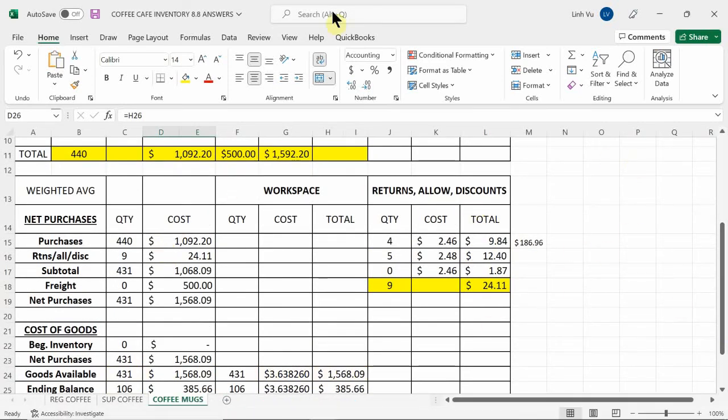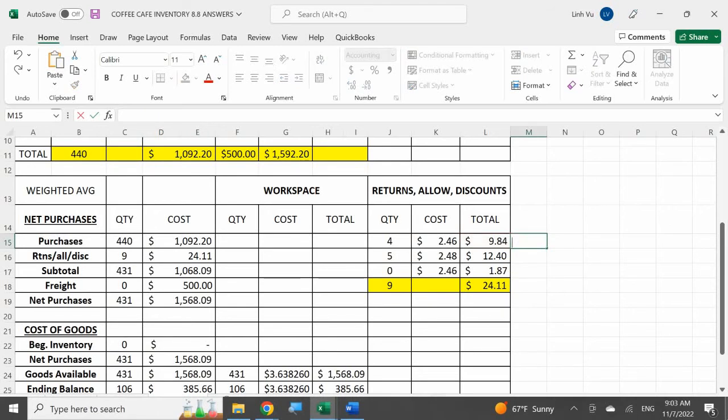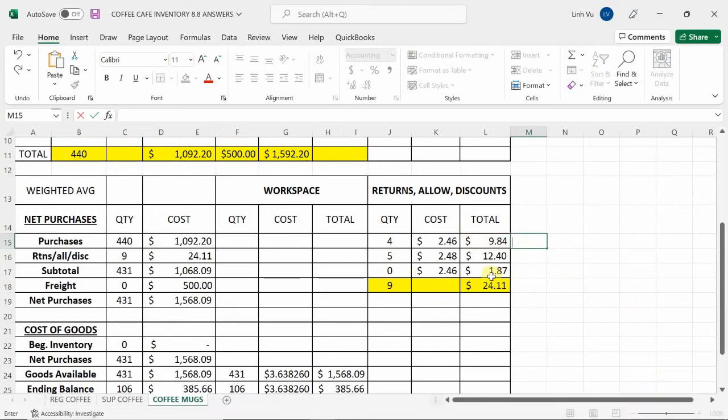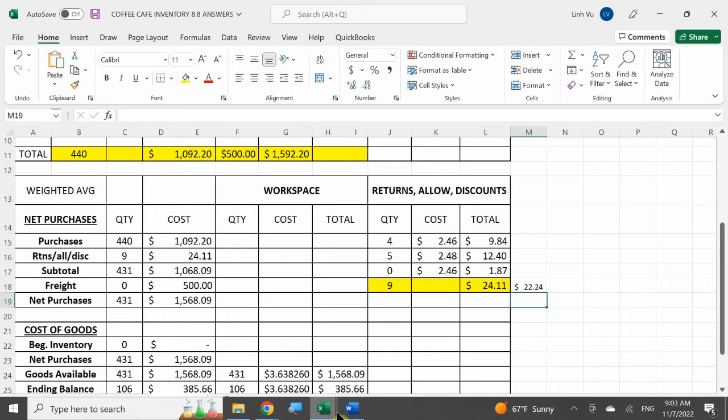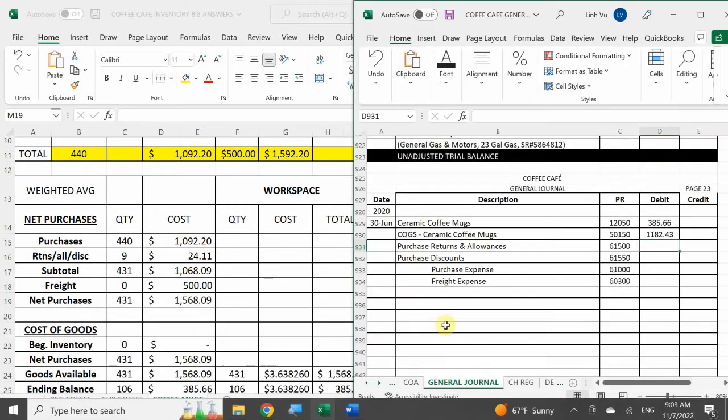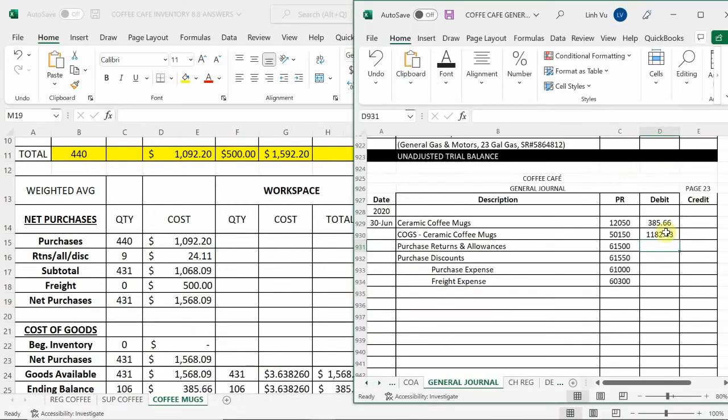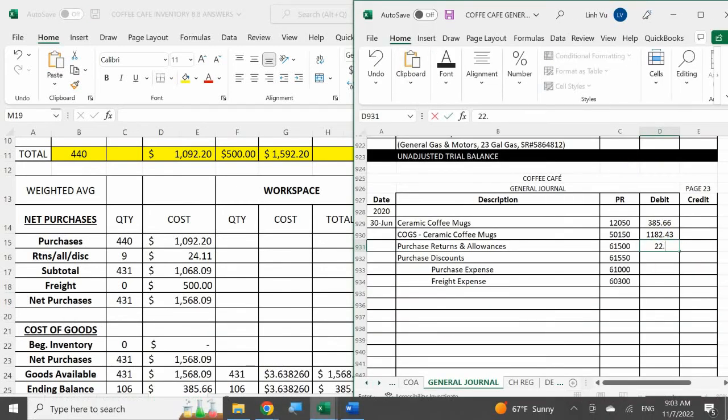2411. Okay, so that includes the discount. So 2411 minus that $1.87 is 22.24. That's my total returns, right? $1.87.